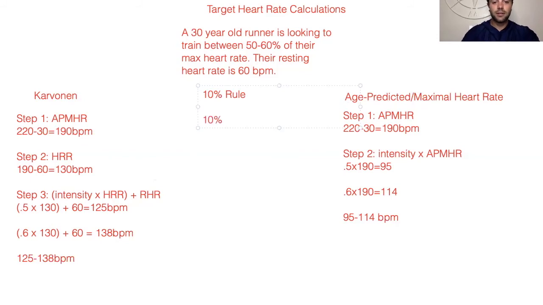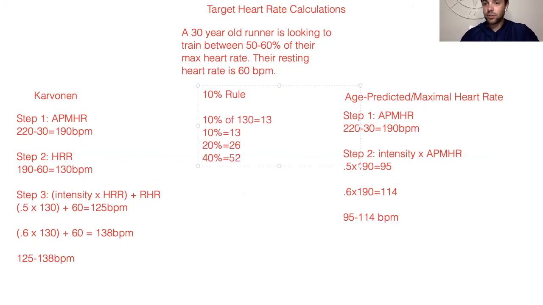So 10% of 130 equals 13, right? So 10% equals 13. I then know 20% is going to equal 26, because it's just going to be double. 40% is going to be double of 20%, so that should be 52.